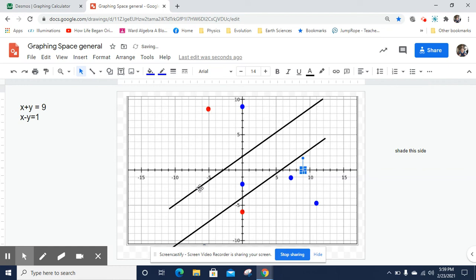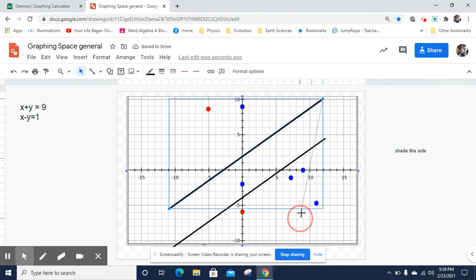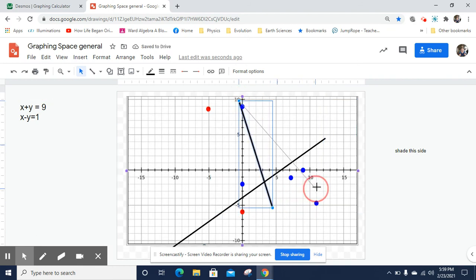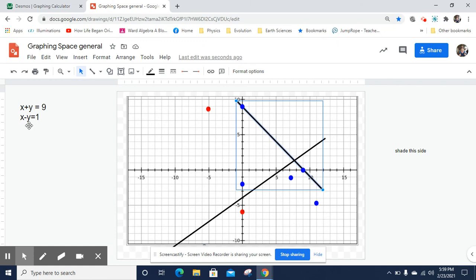So I can just grab this line and swing it around and graph it going through those points. Okay, almost there. Now, I've got x minus y equals 1. In that case, the x-intercept, when y is 0, x will be 1. So I can plot that.